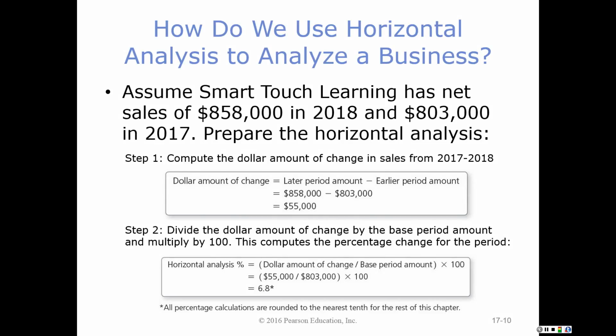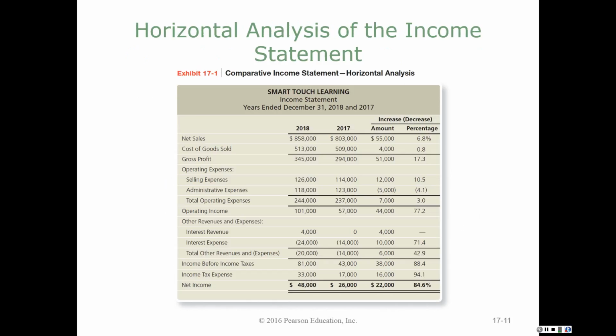Our change of 55,000 divided by our base year of 803 tells us that it is a 6.8% increase. And so if I can compare this increase from year to year to see that the change is going from 6.8 to 7.2 to 7.6, then I can see a steady increase in sales, or unfortunately if it's going the opposite direction.